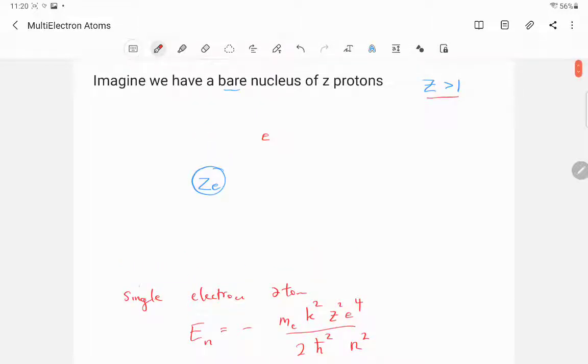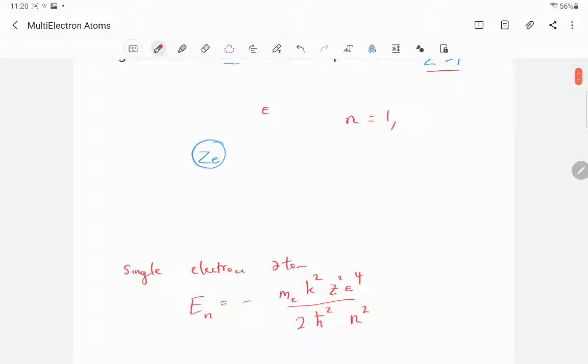Here's what's interesting. I can put this electron in any value of principal quantum number that I want, and the possible principal quantum numbers are 1, 2, 3, up to infinity. But remember that Schrodinger also gives us other options.